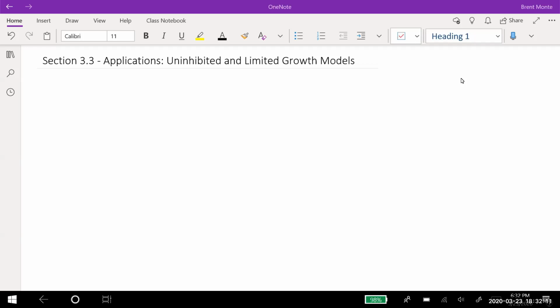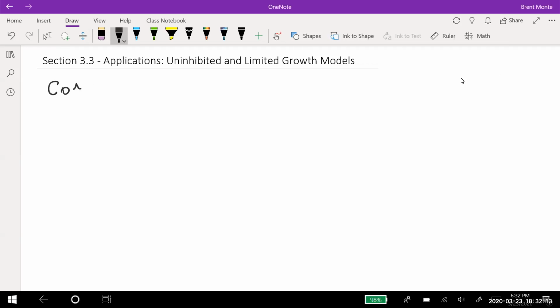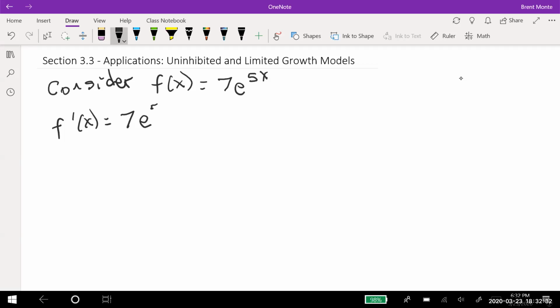What I want to talk about, consider a function such as f of x equals 7e to the 5x. One thing that's going to be unique about this, if I take the derivative, f prime of x, remember I get the constant multiple back, I get the entire exponential back, e to the 5x, but then the chain rule says times the derivative of that exponent, 5x, so the derivative is just the 5.